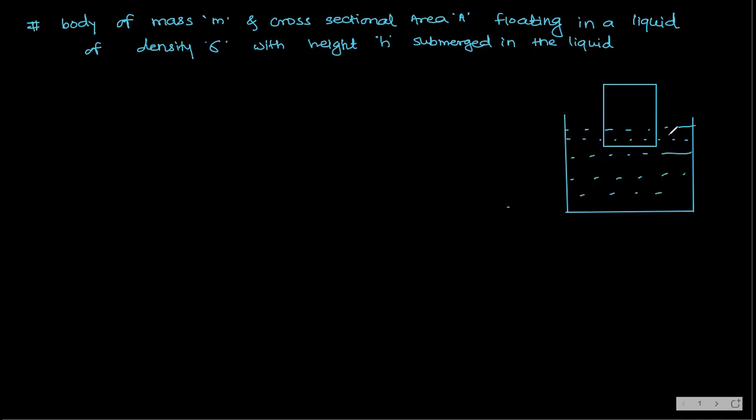Now this body is floating, but in such a way that this H part is submerged in the liquid of this complete block. Understood? And this is sigma. Sigma is the density of this liquid. And m is the mass of the block. And cross-sectional area of this block also they have given, that is A.